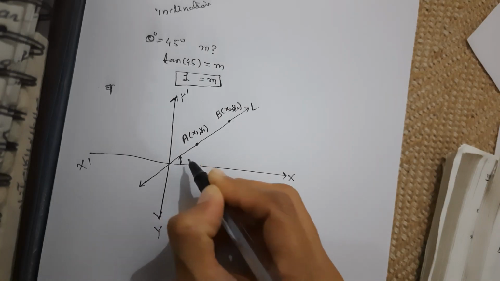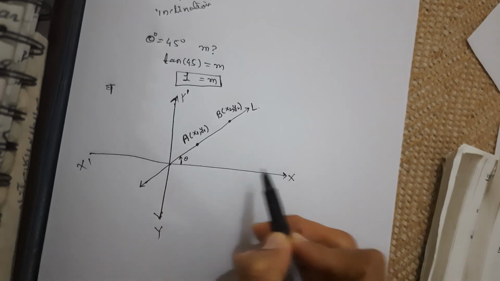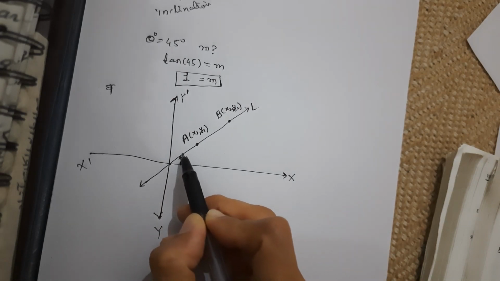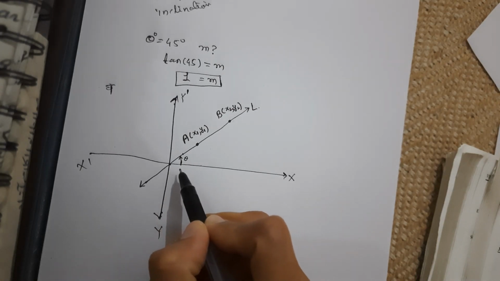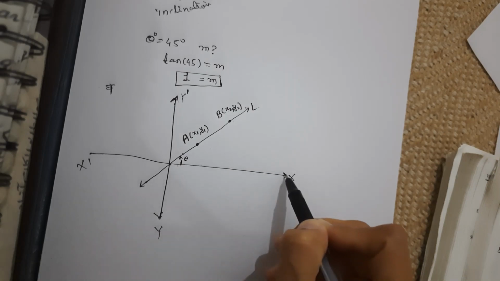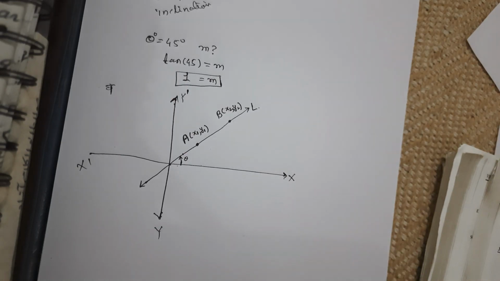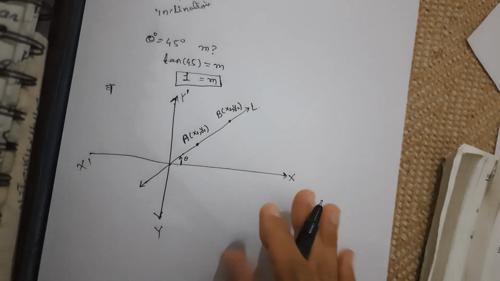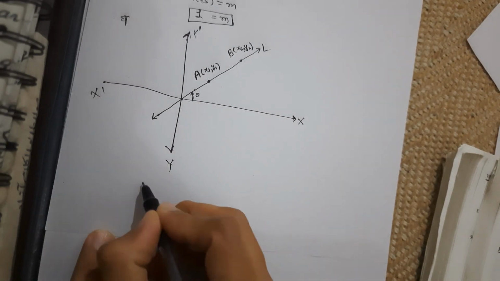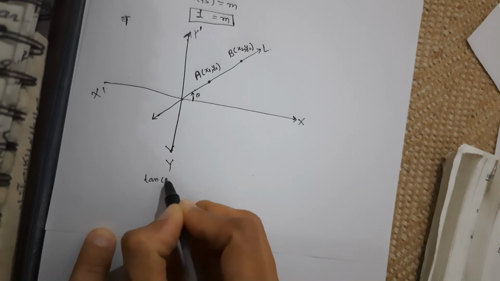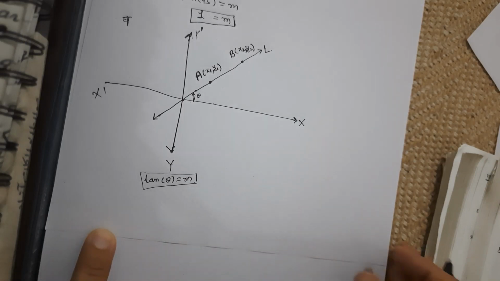This will be the angle of inclination, measured from the positive x-axis, the angle between the positive x-axis and the straight line, in an anti-clockwise direction. If we know the value of the angle of inclination, then the tan ratio of that angle gives you the slope of the line.